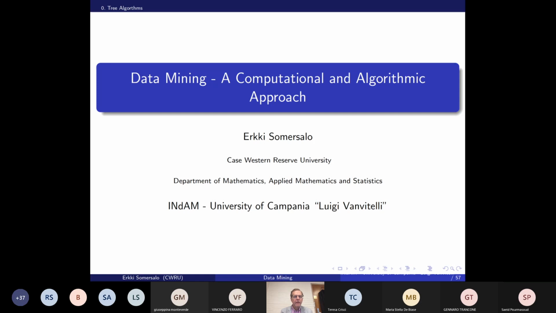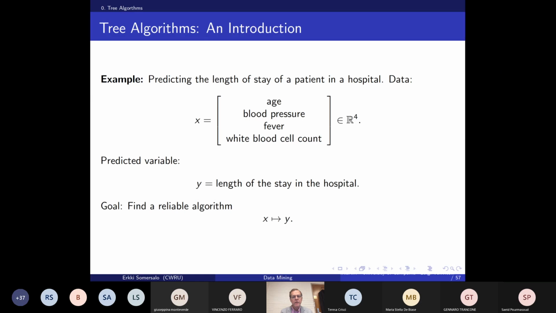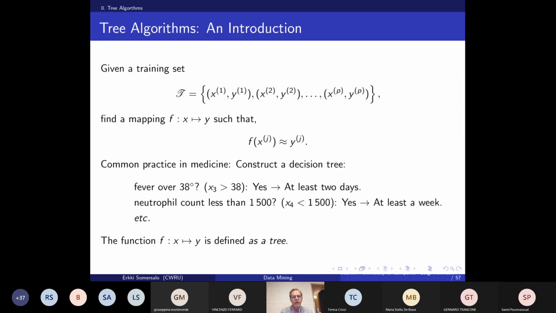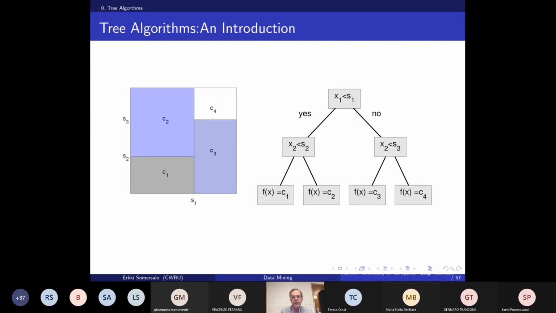Okay, so we were talking about tree classifiers, and the idea is I quickly review what we did last week, also to refresh your memory of the notations that we had.